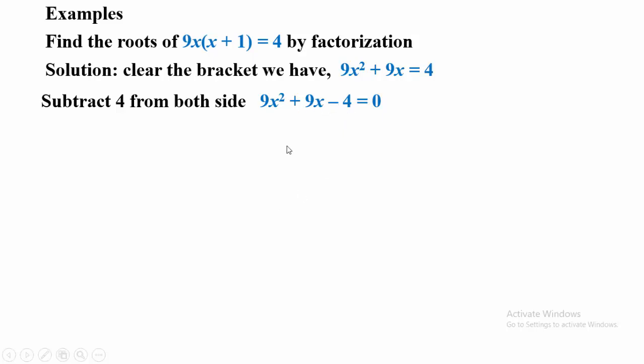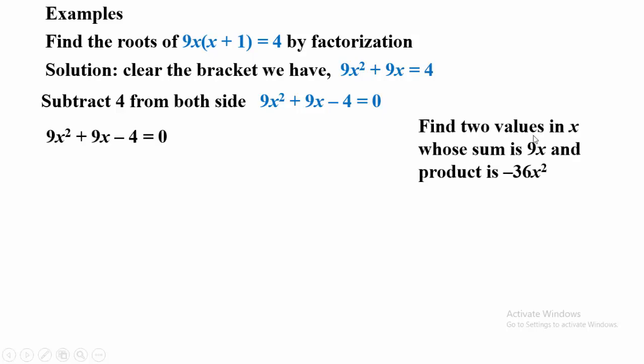We will always have to put our equation in this form when we are solving quadratic equation by factorization. We find two factors whose sum is 9x and the product is minus 36x squared. And our 9x is the middle term in the equation, which is this 9x.